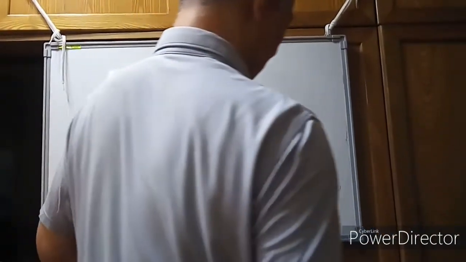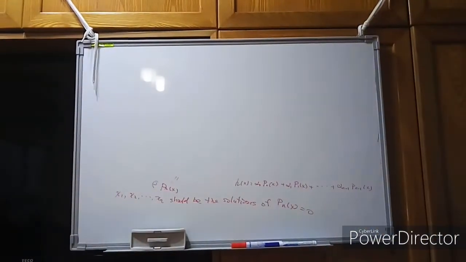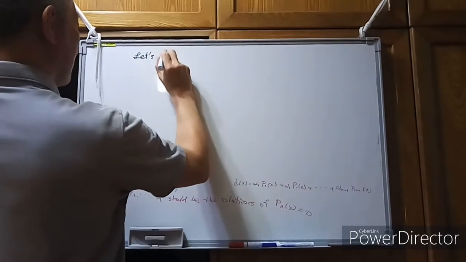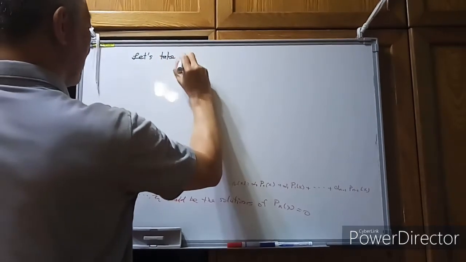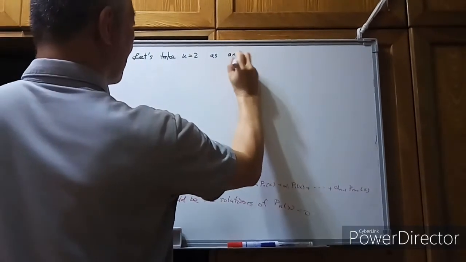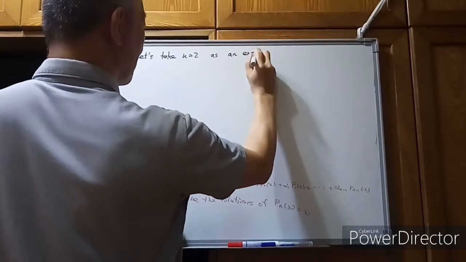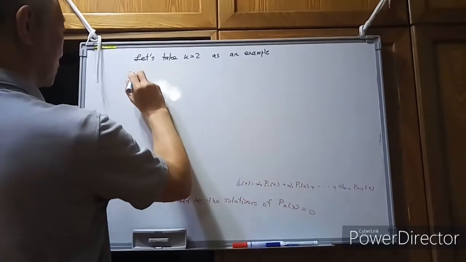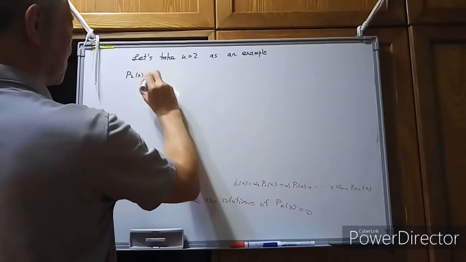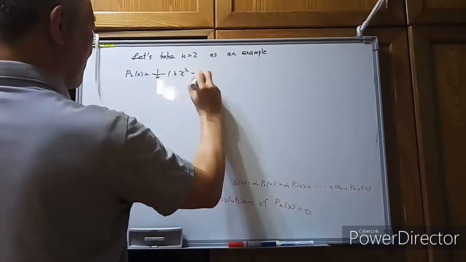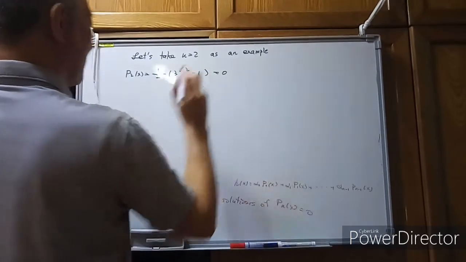Okay, so then let's take n equal to 2 as an example. Then P2 of x is equal to this.